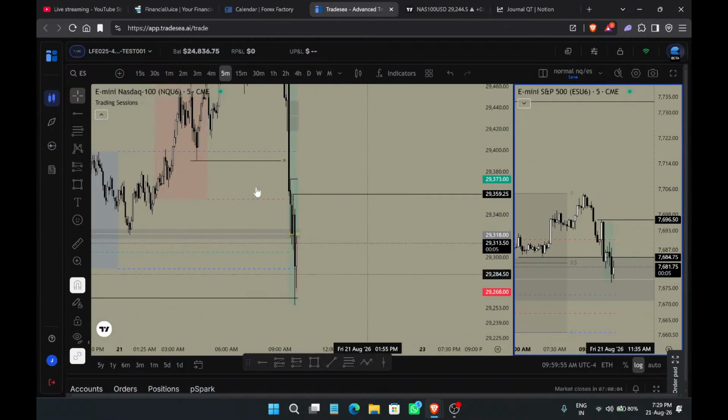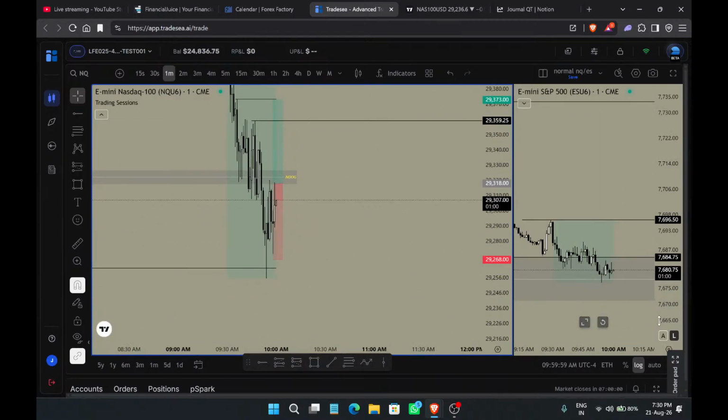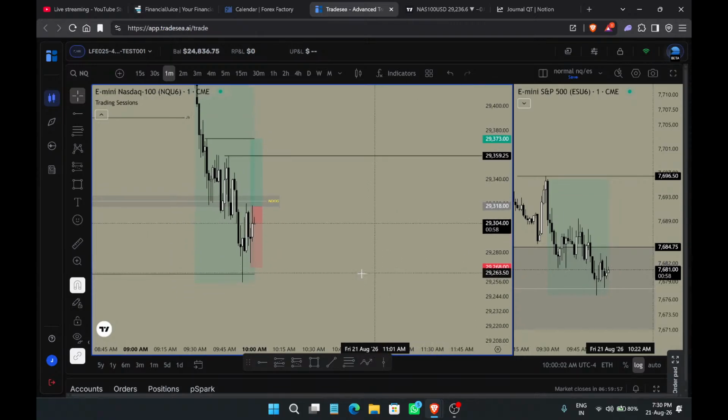Short-term target is definitely there. Some kind of maybe a lower time frame SMT.